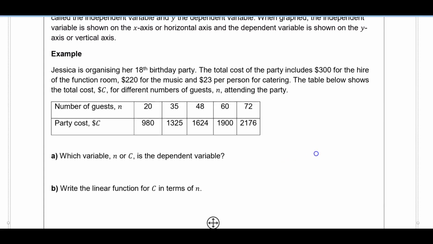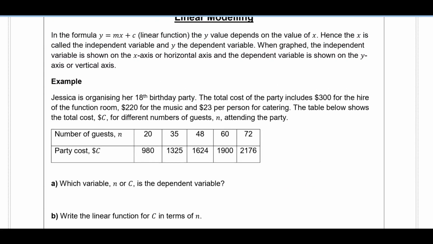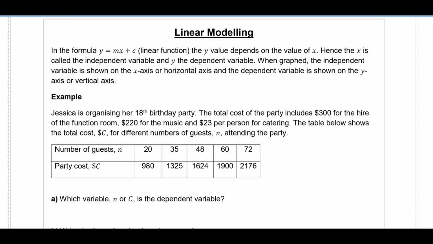All right, we're going to put what we learnt about straight lines into an everyday problem. And we talk about the dependent and the independent variable. Basically, the dependent variable is the one we depend on.